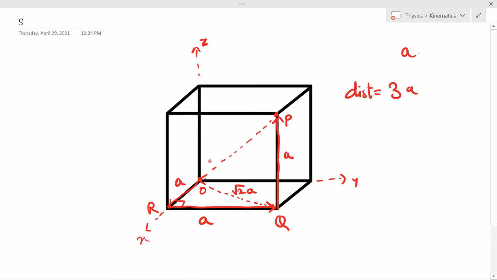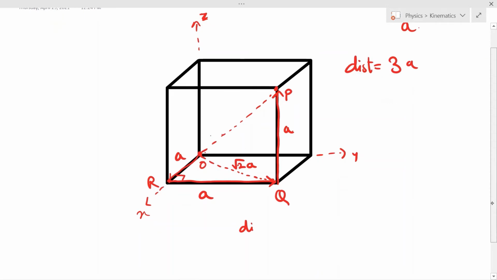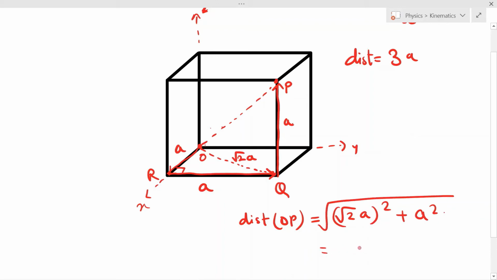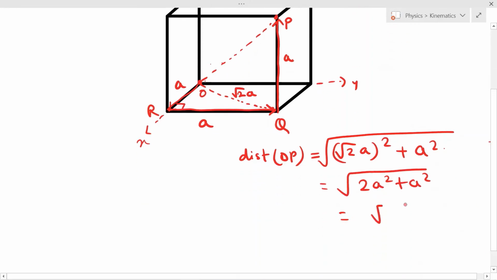So the distance between OP, that is the magnitude of my displacement, is equal to square root of root 2A whole square plus A square. That will be 2A square plus A square and square root of that, and that then becomes square root of 3A square, that is square root of 3 A units. So this is the magnitude of the displacement.